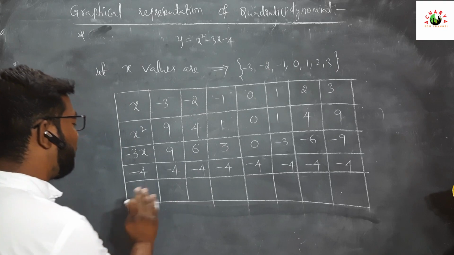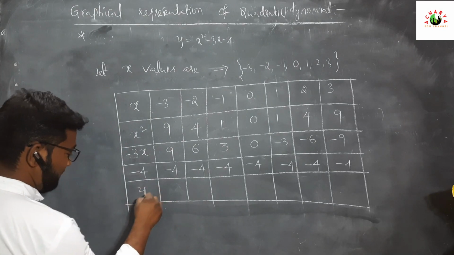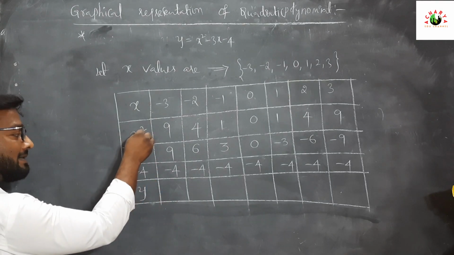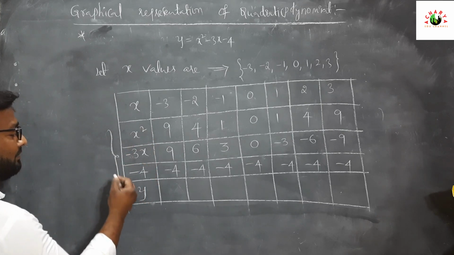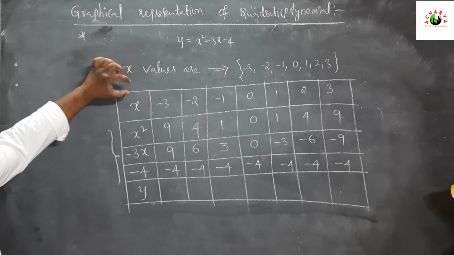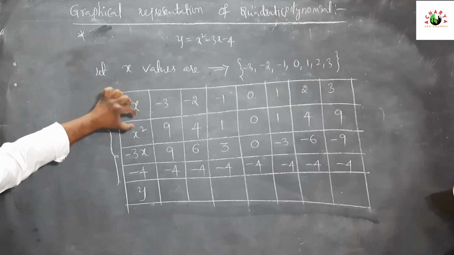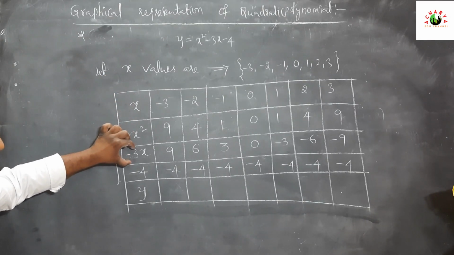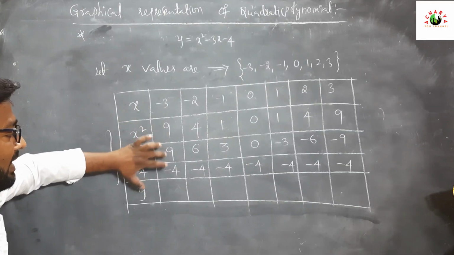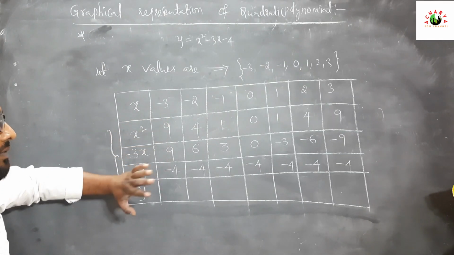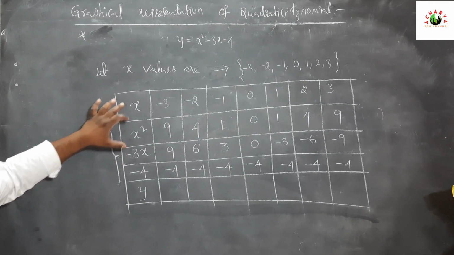Y is equal to x square minus 3x minus 4. We have to add these three rows. By using the x values we get the x square value and the minus 3x value, and minus 4 is the constant term value. Finally, we will get the value of y.